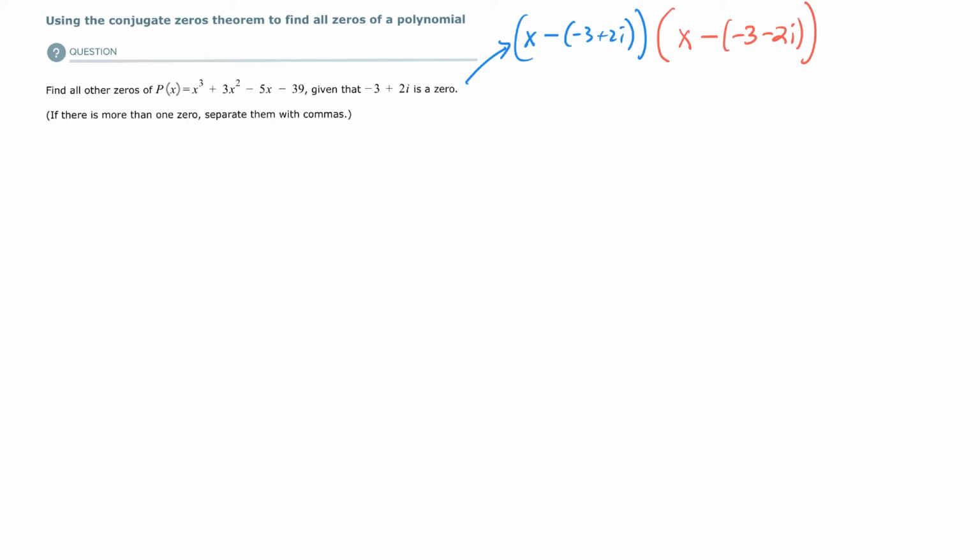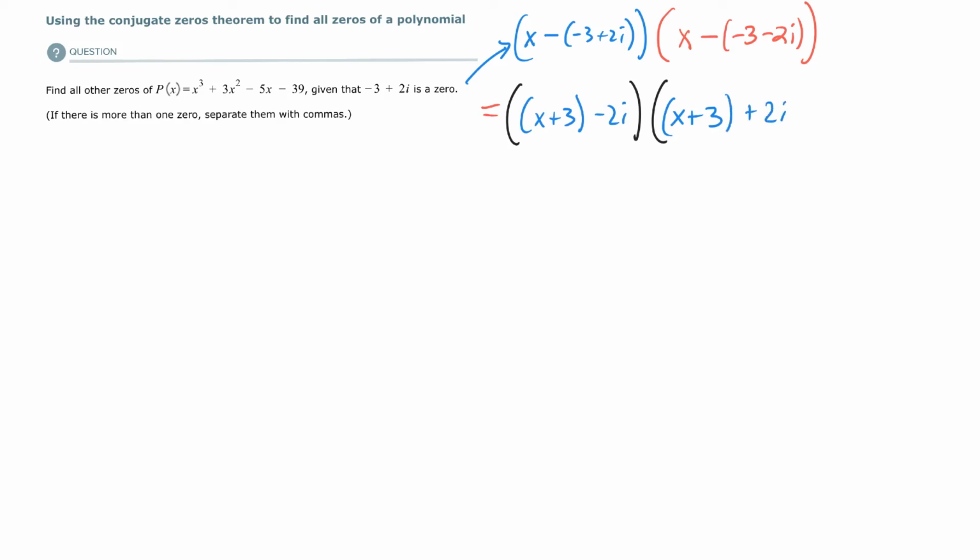What happens when you multiply these together? Well, we do a little bit of trickery here. We are actually going to reassociate this by saying this is going to be x plus 3 minus 2i, then multiply by x plus 3 plus 2i.